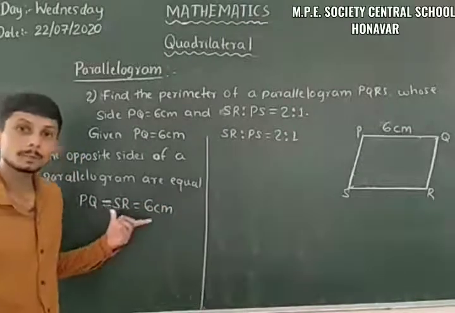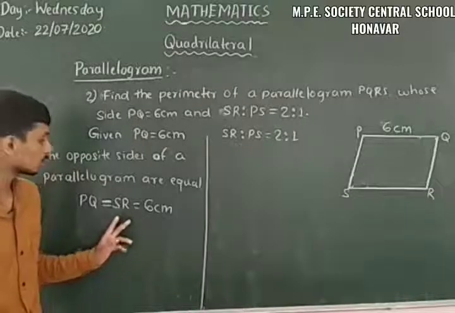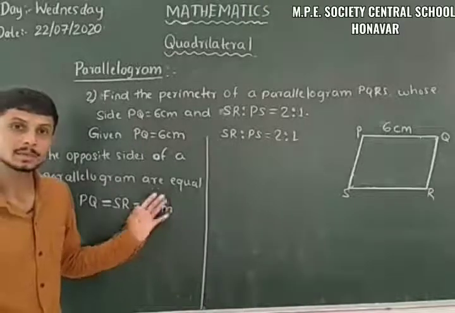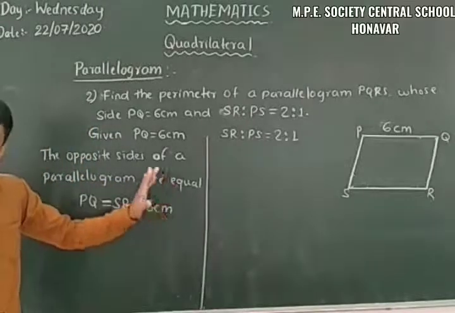From the help of property number 1, we have PQ is equal to RS is equal to 6 centimeter because the opposite sides of a parallelogram are equal.